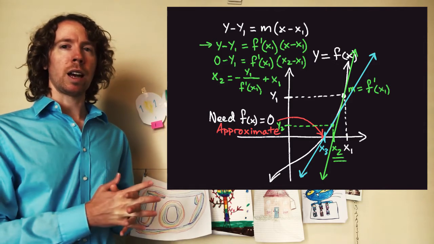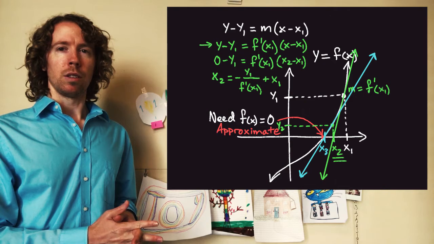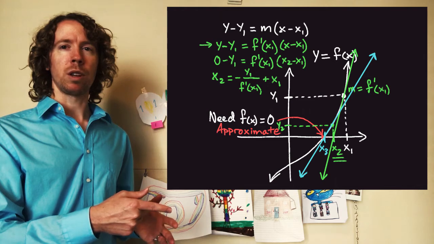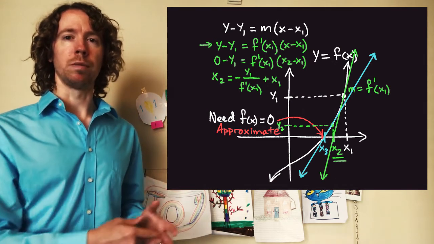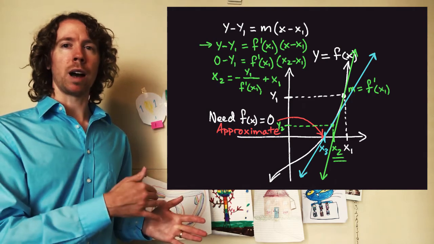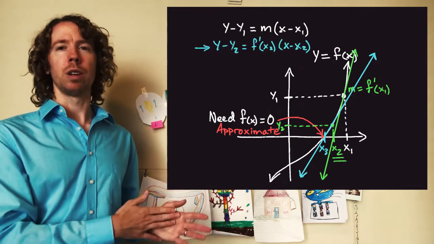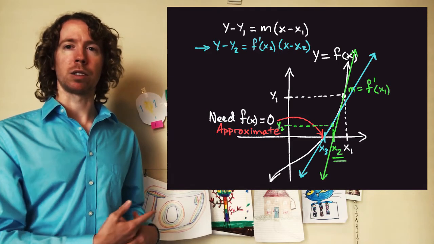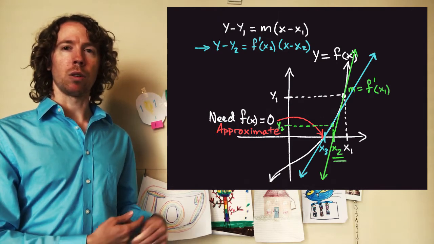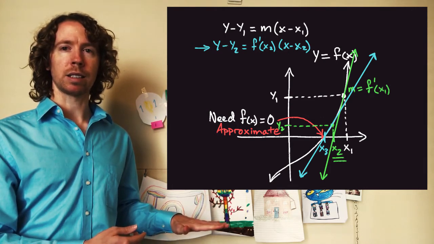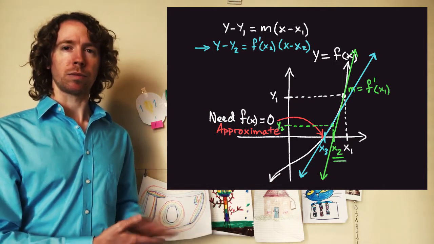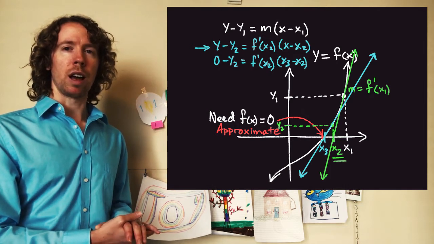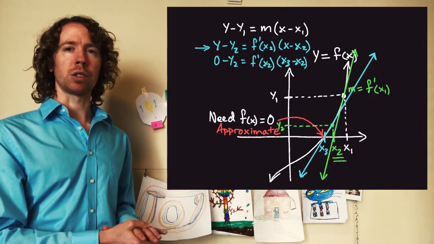So if we look at x3 now, the equation for the tangent line at x2 is really similar to the equation that we just used for the tangent line at x1. It's the same equation, y minus y2 equals the slope times x minus x2, and this time the slope is f prime of x2. And now we're going to fill in y equals 0 because we're down at the x-axis, and x3. So we get 0 minus y2 equals f prime of x2 times x3 minus x2.